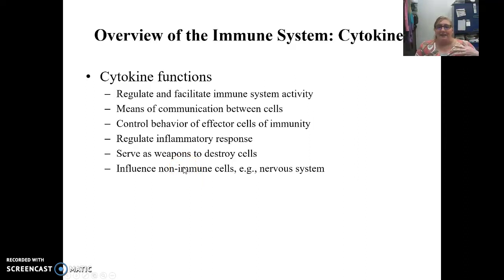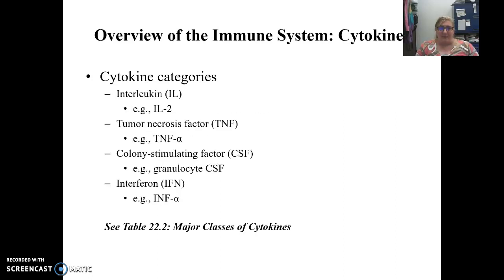They can actually cause holes to form inside the cell, to cause the cell to lyse open. They can stimulate a response to the chemical, causing proliferation of a cell. So they have a lot of different activities that they can do depending on the cytokine type.